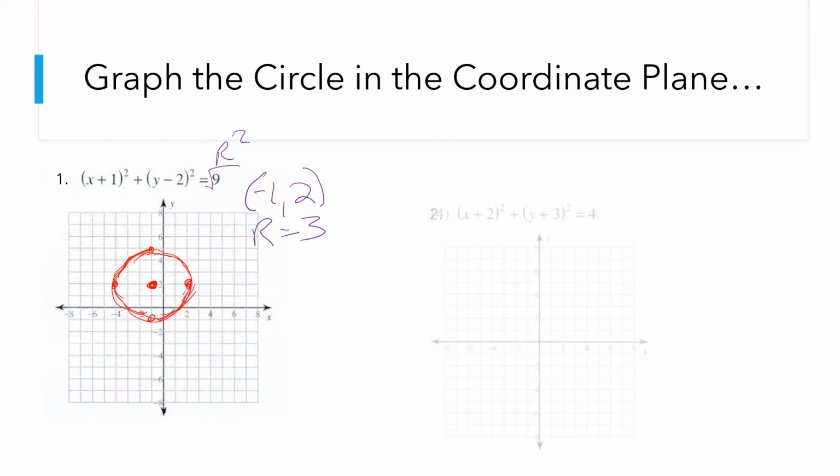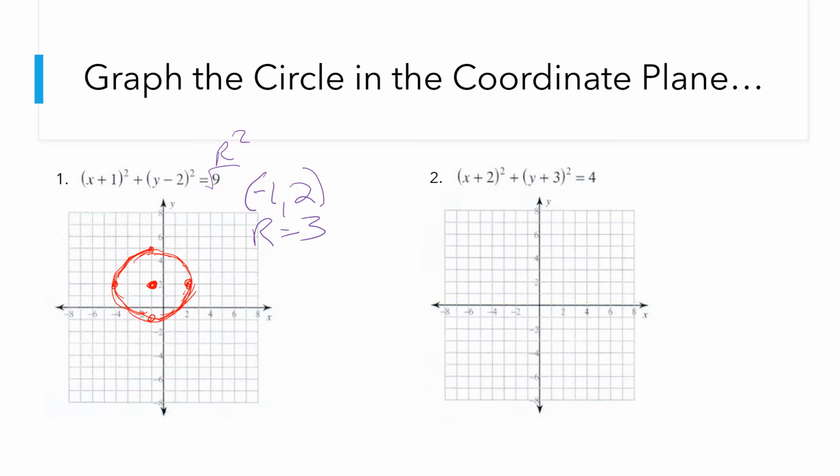Next example. All right, here's my equation. Again, I need to know the center, I need to know the radius, and then I can graph it. So from this one, my center would be -2, -3. Again, they come out as opposites. And my radius for this one is 2. So let me graph it.